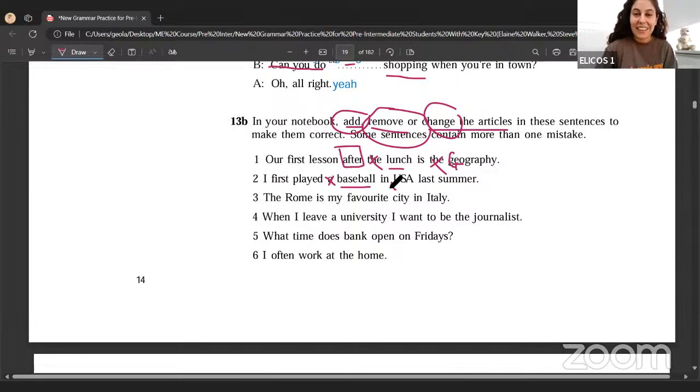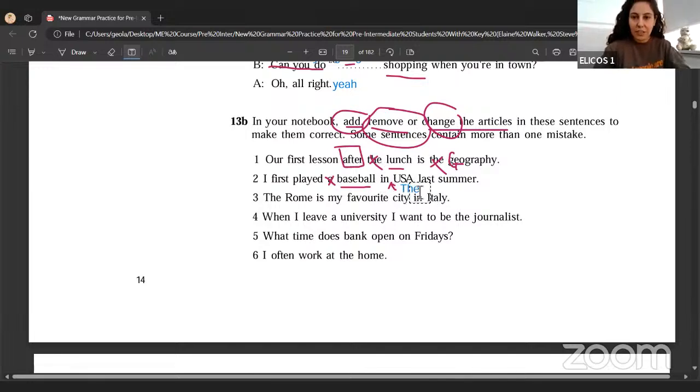Yes. So again, even when we write it, if you were to write this, I would still write in the USA last summer. Why? It's a country, but we don't use an article for a country, only if it has the word states, republic, or kingdom. So this one, we need to say the USA.